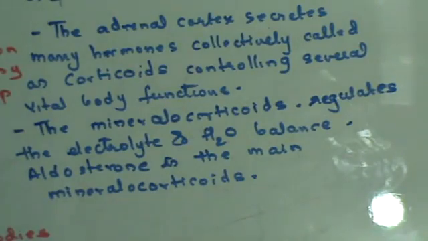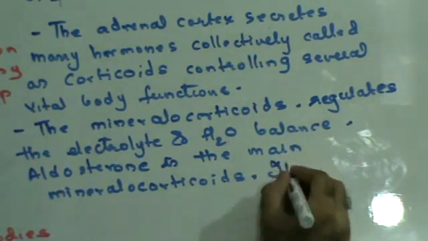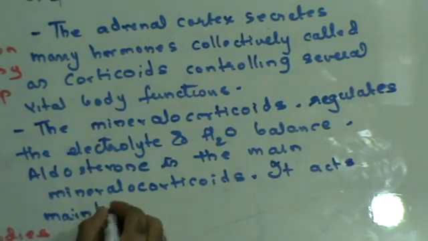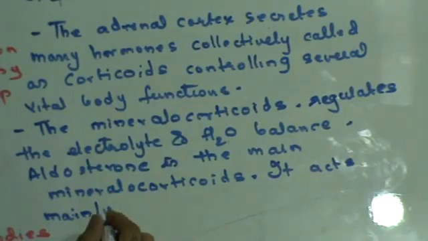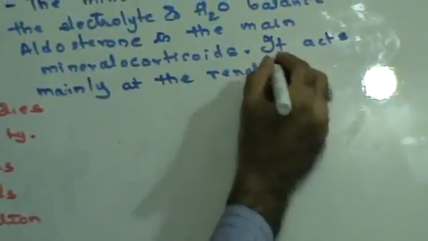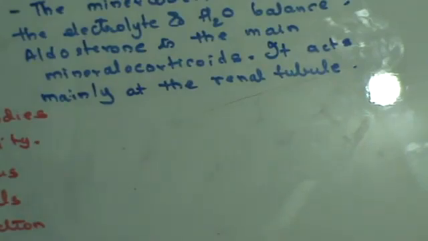Now, aldosterone acts mainly on the renal tubule and stimulates renal reabsorption of sodium and water, and also the excretion of potassium and phosphate ions. Remember the reabsorption of water in excretion.